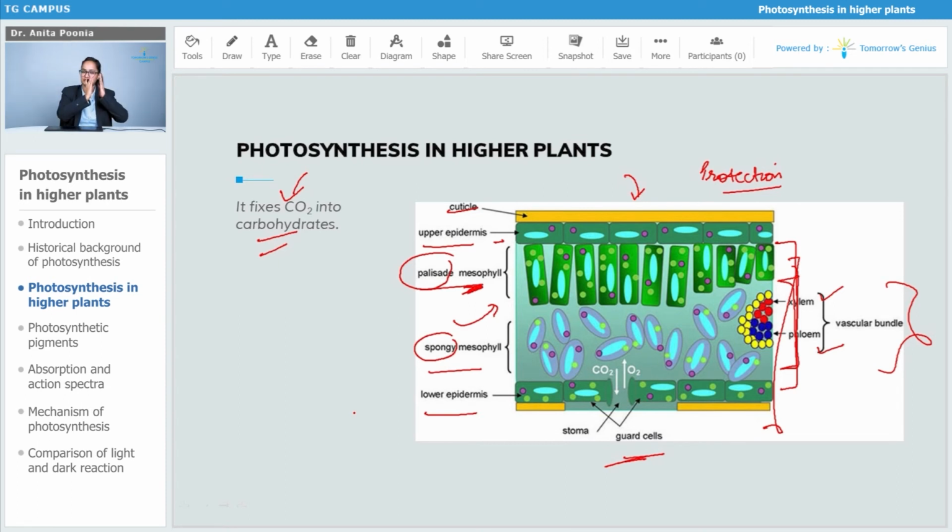The more the number of palisade cells, the more will be the photosynthesis, because the sunlight will fall on them and through them on the chlorophyll, and thus photosynthesis will happen. So this is the main reason for their compact arrangement.